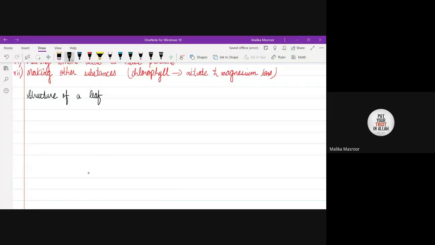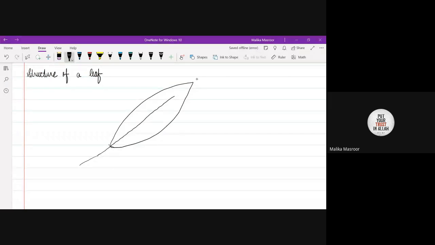Now let's talk about the structure of a leaf. I guess if I draw a leaf, okay.